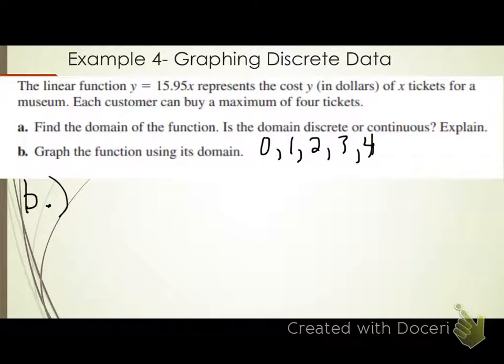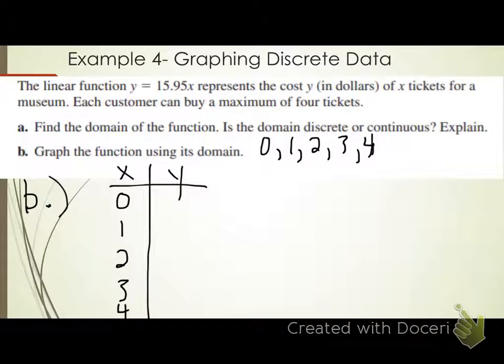So I'm just going to use the table of values. My x values are 0, 1, that's not going to give me enough room. 0, 1, 2, 3, 4.